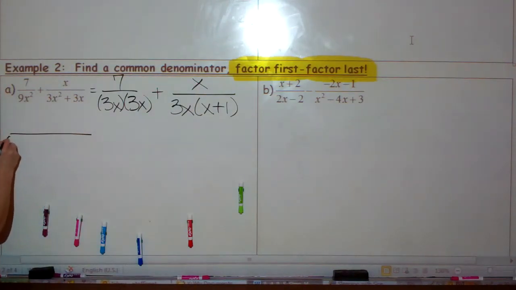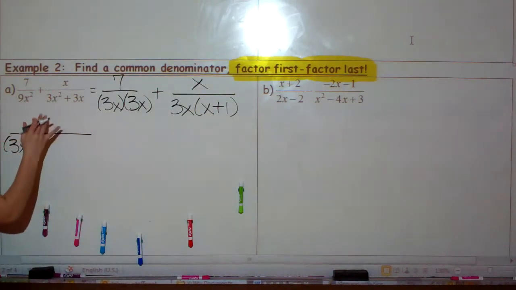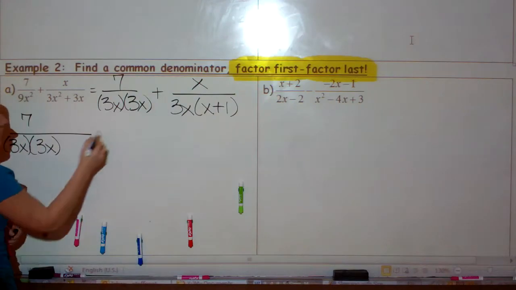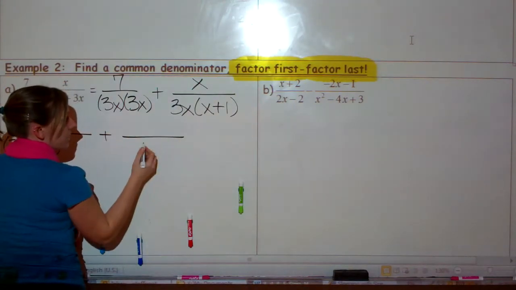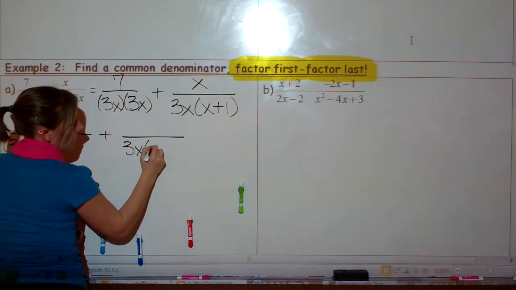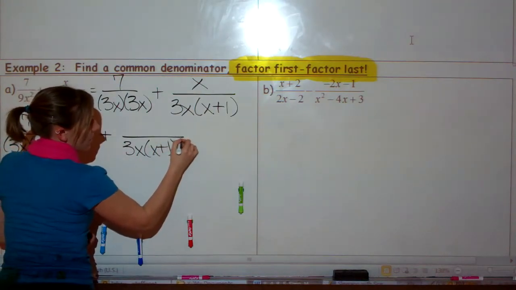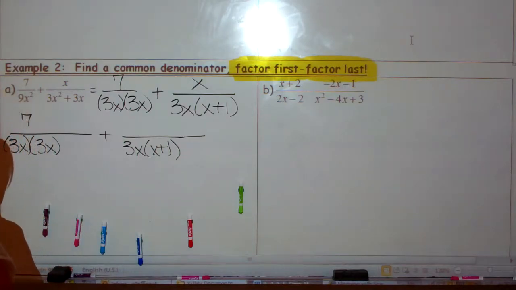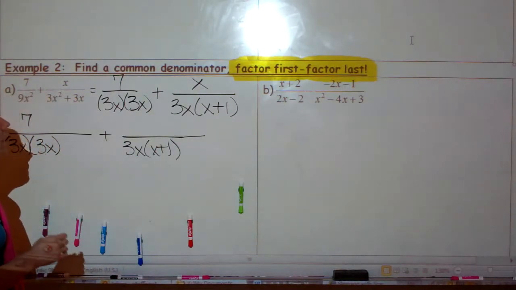If there's something missing, that means we need to put it into the fraction. So I'm going to rewrite this first one, and leave a space in case we need to add something to that fraction. And then I'm going to rewrite this one, and leave a space in case we need to put something into that fraction.